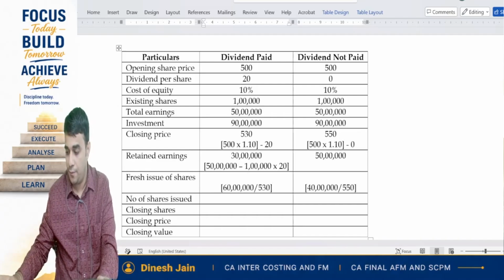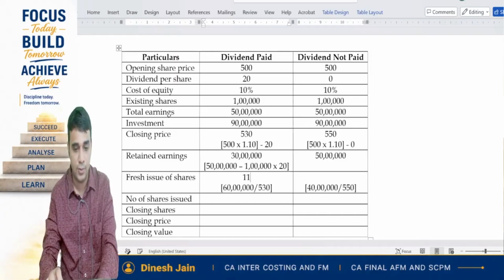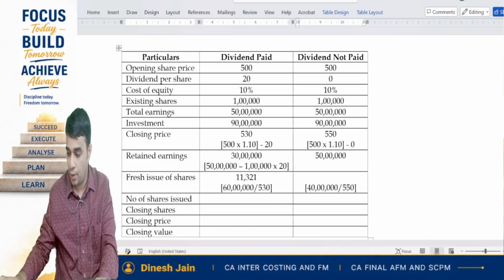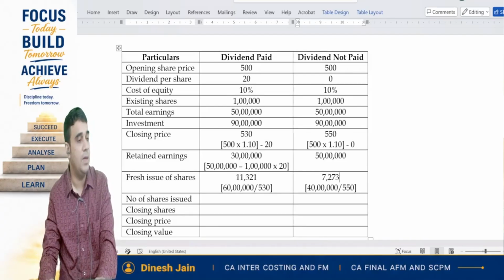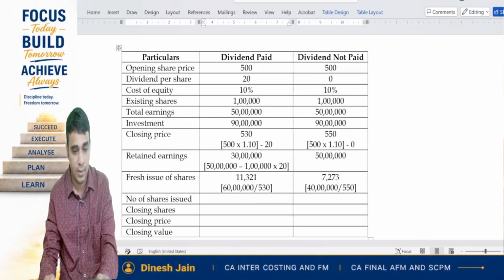530, and 550. When I divide 60 lakh by 530, I get 11,321, and 40 lakh divided by 550 we get 7273. This is the number of shares.